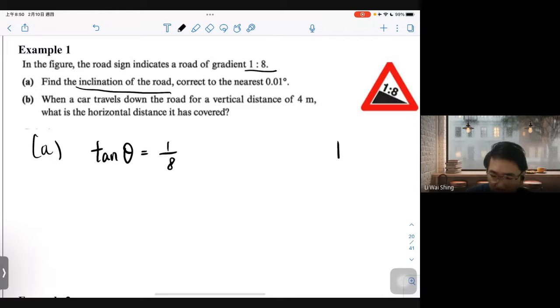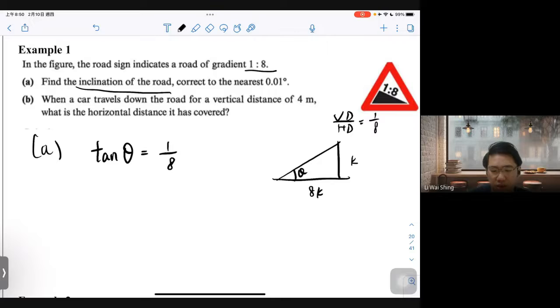Very good. Because you have a slope here, it tells you just the gradient. That means the vertical distance over the horizontal distance is always equal to 1 over 8. So when this is k, this is 8k. You want to find this theta, so 1 over 8. Remember to let the left side be theta, the inclination.